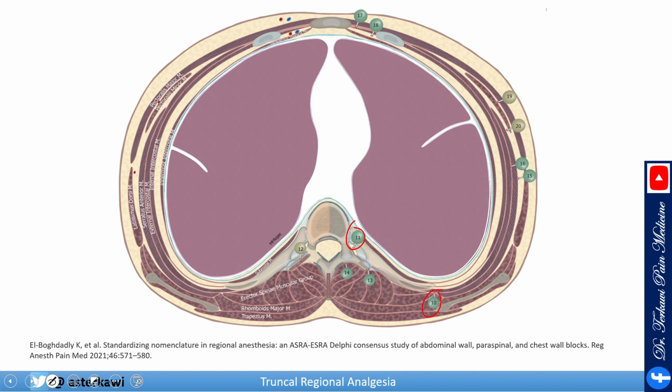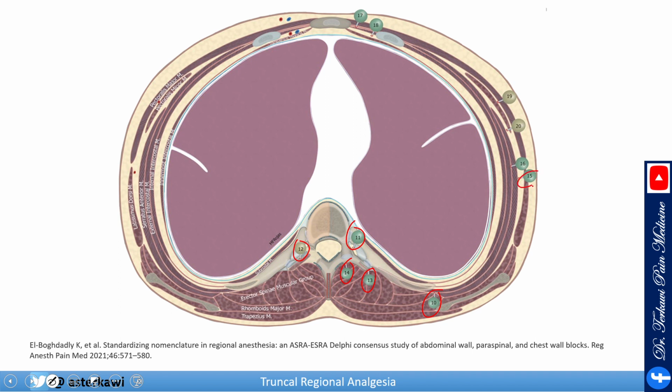Then 12 here is the intertransverse process block, which is between two transverse processes, posterior to the superior costotransverse ligament. 13 here is where you do the erector spinae plane block, between the erector spinae and transverse process. 14, here you can do the retrolaminar block, between erector spinae and the lamina.